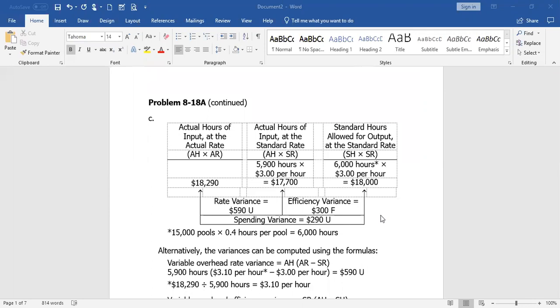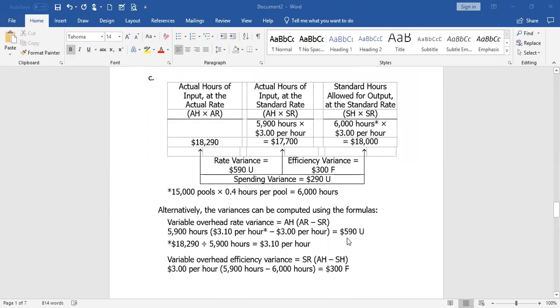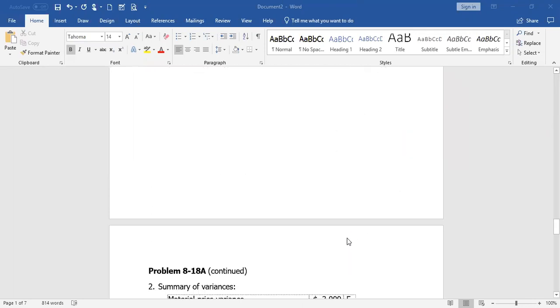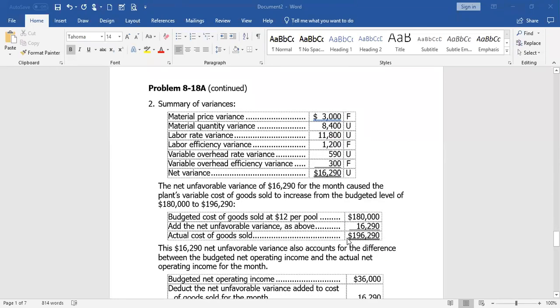The rate variances and the efficiency variances define where your inefficiencies or efficiencies are at. So that is how we calculate those different types of variances. How's that?